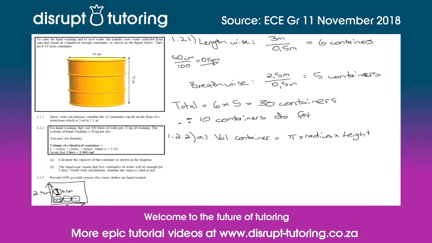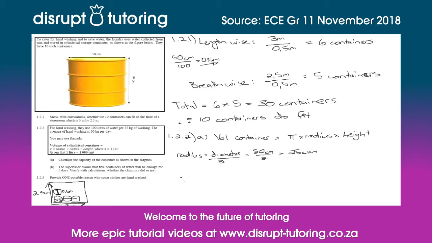Then we're going to have a little side calculation here: the radius is equal to your diameter divided by 2, because your diameter is this length across here, and your radius is your length from the middle to the circumference, so you need to divide by 2. So your diameter is the 50 centimeters divided by 2, which comes to 25 centimeters.